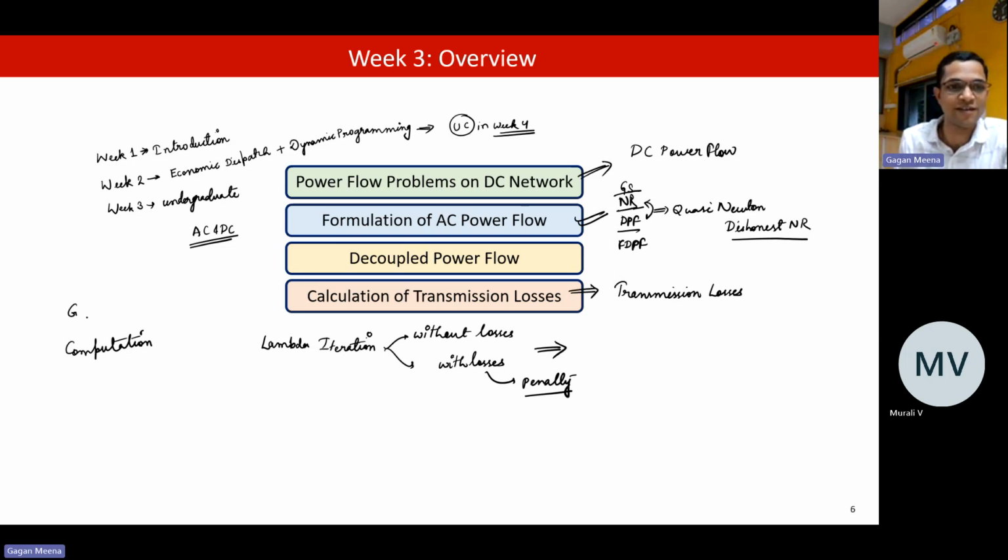Can you name some solvers? Which optimization problem solvers, commercial solvers, or even open source? They're not audible. Are you saying something?